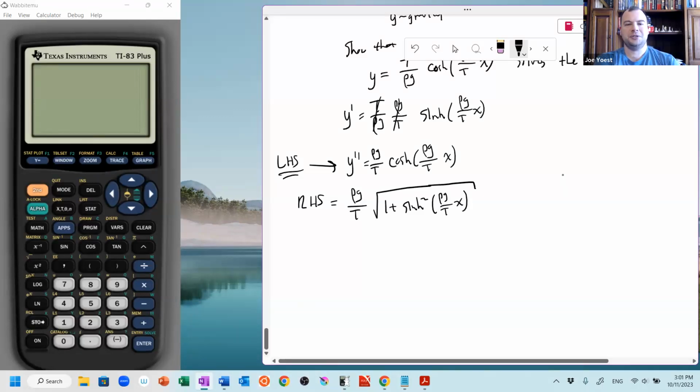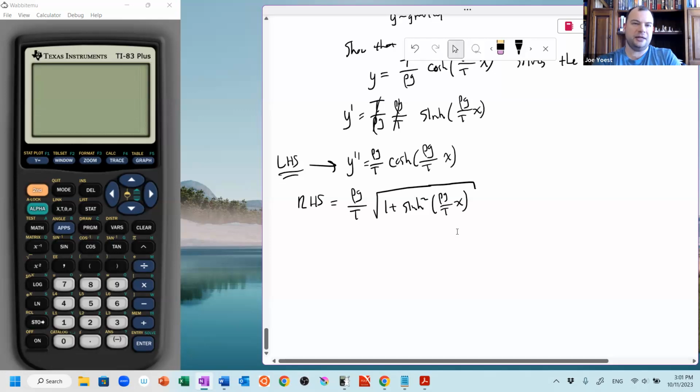Well, 1 plus sinh squared, that's reminiscent of a Pythagorean identity, right? If I had like square root of 1 minus sine squared, I'd be thinking, can I change that into just the cosine squared under the square root, and then do the square root of cosine squared as cosine?